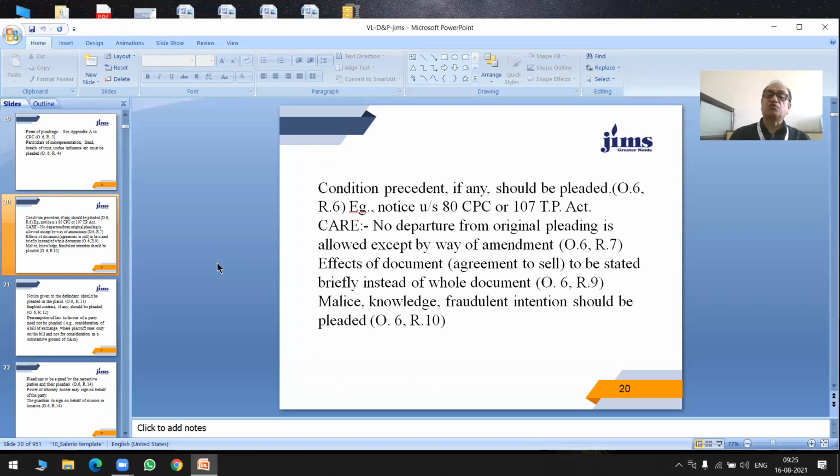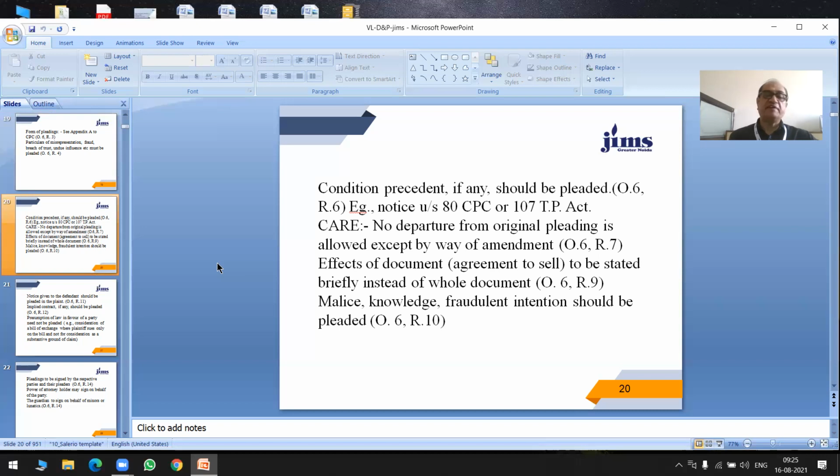And the effects of documents. The document illustration I have given is an agreement to sell. So what is the effect of that document, agreement to sell, has to be stated and mentioned in your pleadings. You will briefly mention the effect of the document, that the sale deed was to be executed within 6 months and the builder has failed to execute the sale deed.